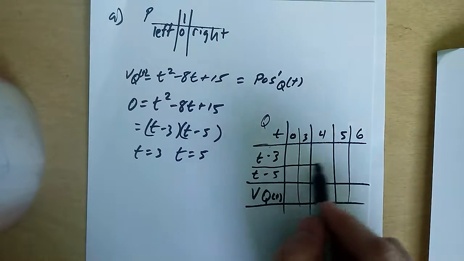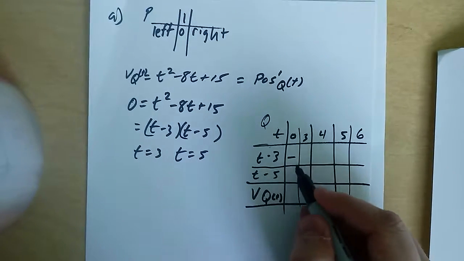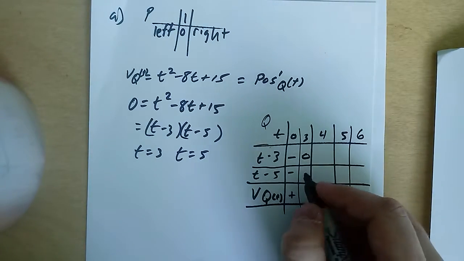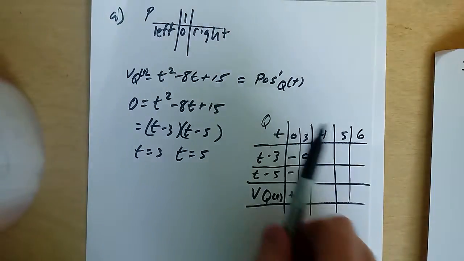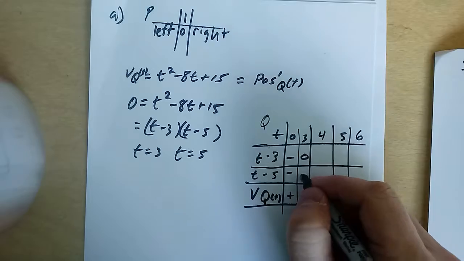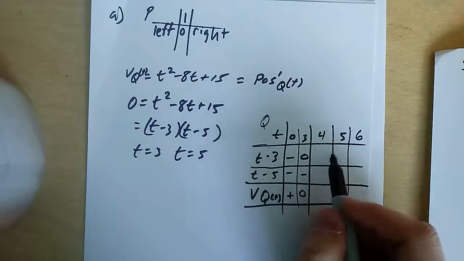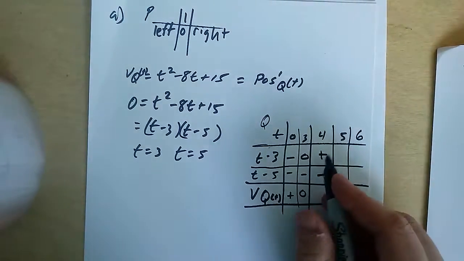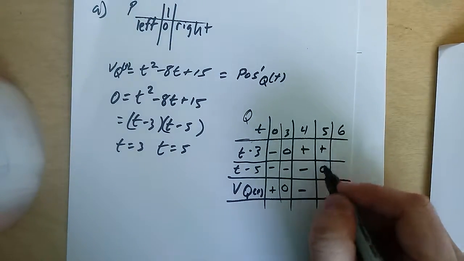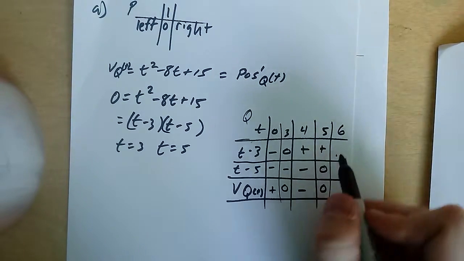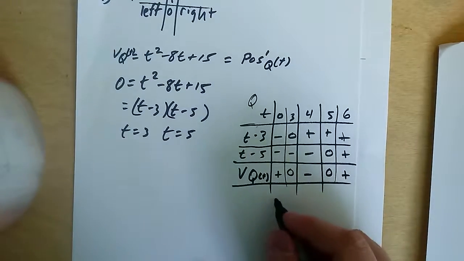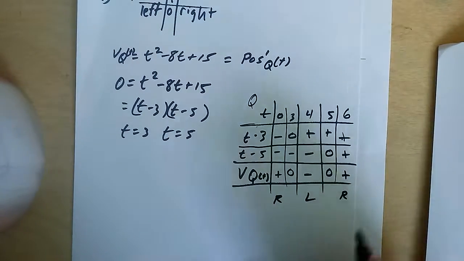If I plug in 0, I get negative, negative, which means my velocity is positive. If I plug in 3, I get 0; 0 times a negative is just 0. When I plug in 4, I get a positive and a negative, which is a negative. Plug in 5, positive times 0 is 0. When I plug in 6, I get positive, positive, positive. So I know we're moving to the right, then to the left, then to the right.